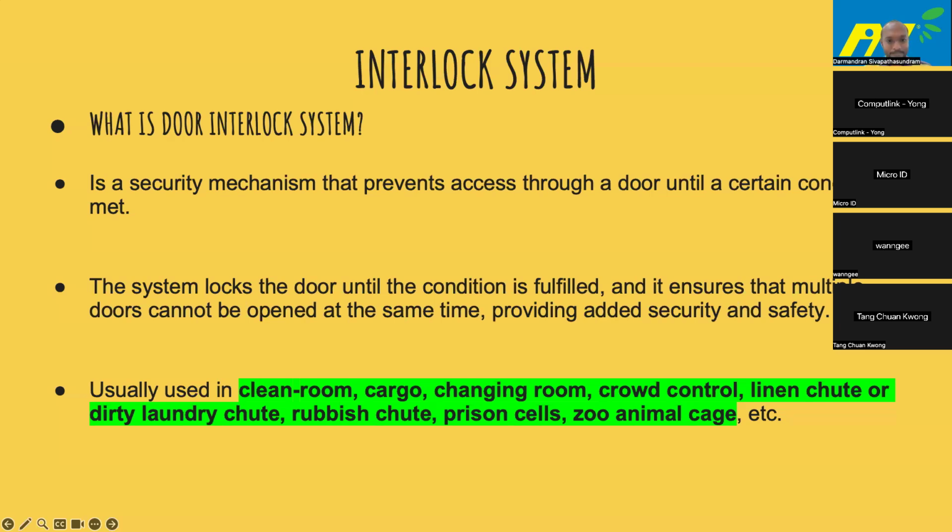Usually, these are used in clean rooms, cargo, changing rooms, crowd control, linen chutes or dirty laundry chutes, rubbish chutes, prison cells, zoo animal cages, and etc. These are a few examples that I can give, but there are many use cases as well.